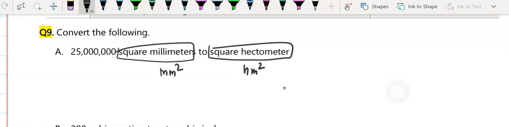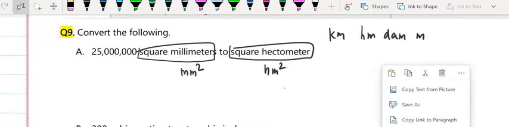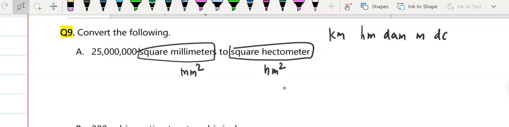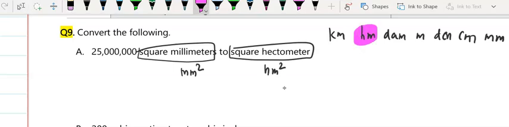So here is a format: kilometer, hectometer, decameter, meter, decimeter, centimeter, millimeter. So if you look for hectometer to millimeter, you're going 1 step, 2 step, 3 step, 4 step, 5 step.